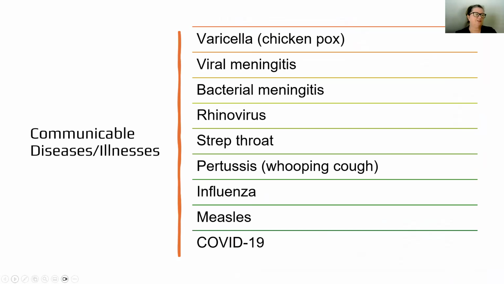The various communicable diseases and illnesses that are out there, and these are not all of them, obviously, but the major ones are as follows: varicella, which is chickenpox, viral and bacterial meningitis, rhinovirus, strep throat, pertussis, which is whooping cough, influenza, which comes around once a year, of varying strains, measles, which we are seeing a resurgence of as of the making of this video, and COVID-19, which is still out there.